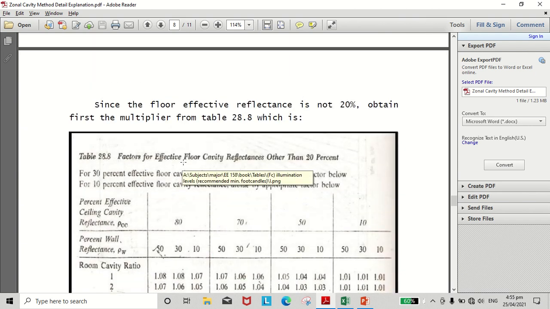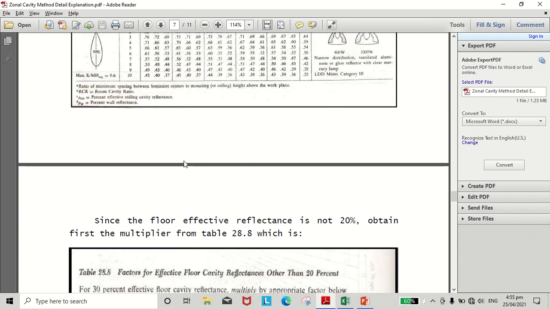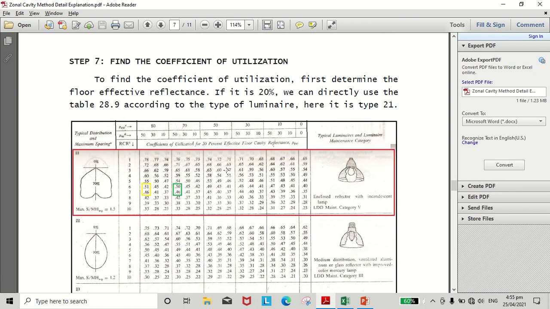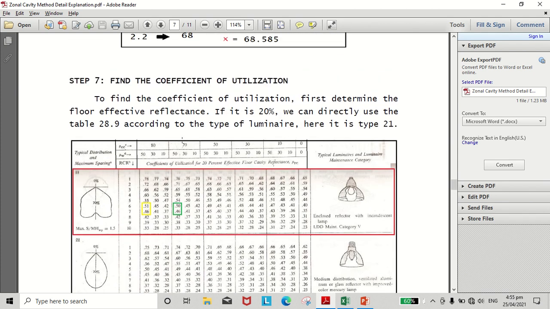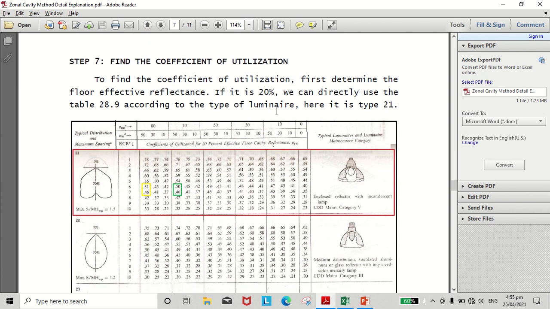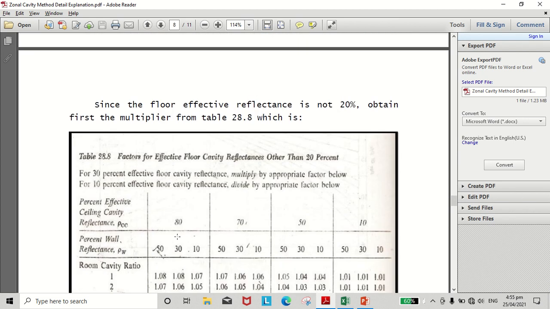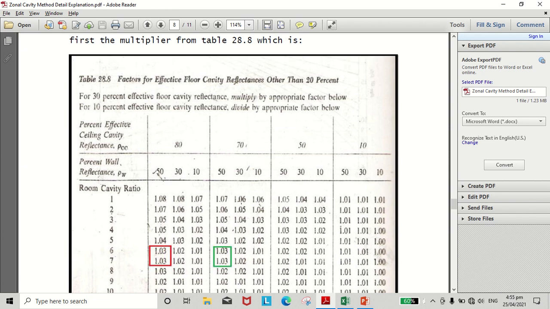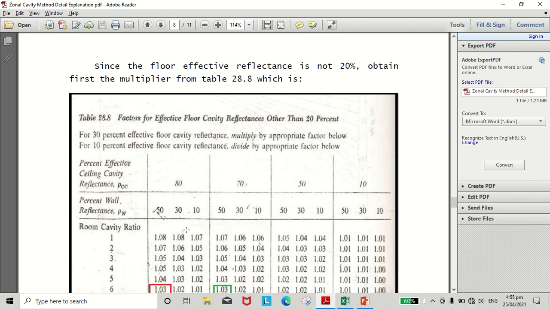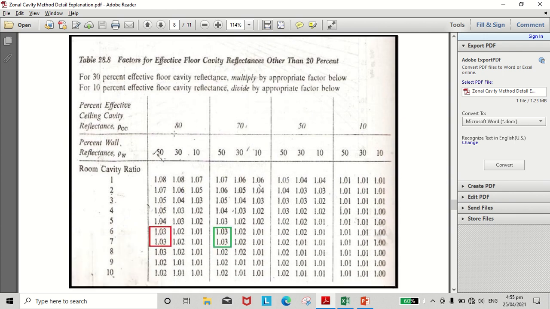Since the floor effective reflectance is not 20%, note that we use this table if and only if the effective reflectance we calculated earlier is 20% or below. Since our calculation here is not 20% or below, we have to use the reflectances we got, in which the ceiling is 80%. This is the table we will use.